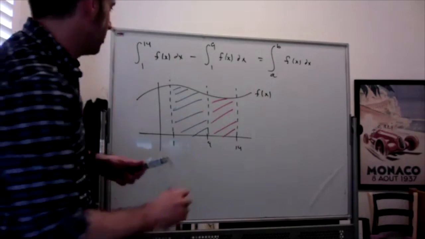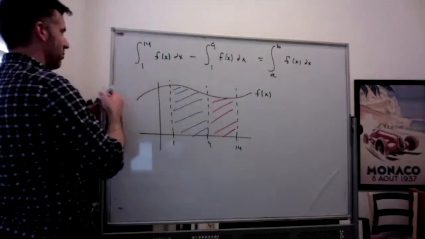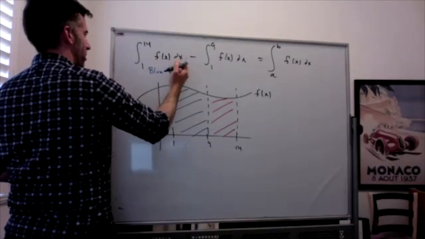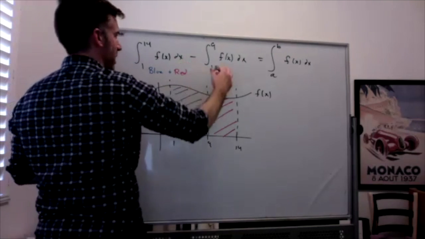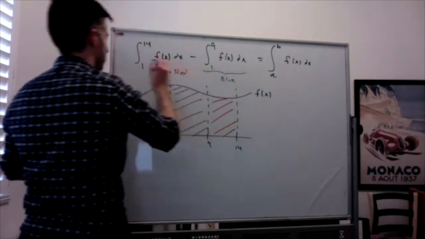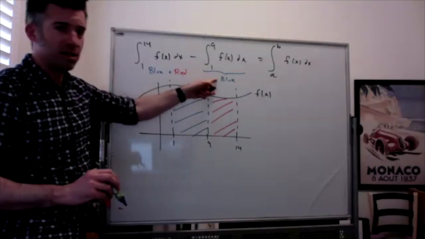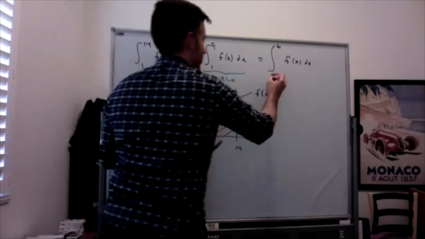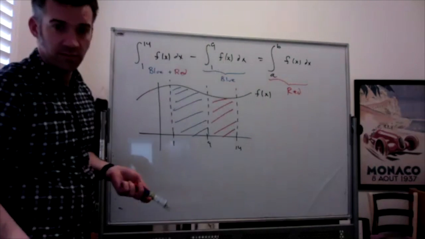Okay. This area here, the area under the curve from 1 to 14, is the blue area plus the red area. Whereas the integral from 1 to 9 is just the blue area. So if you take the blue plus the red and you subtract the blue, what are you left with? You're left with the red area.